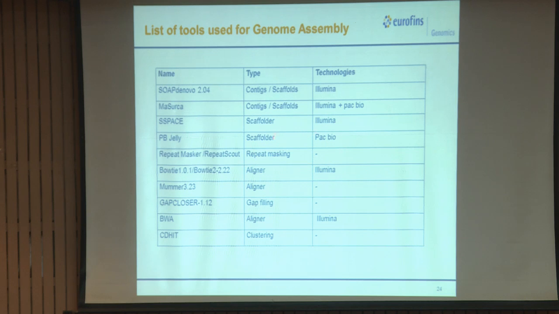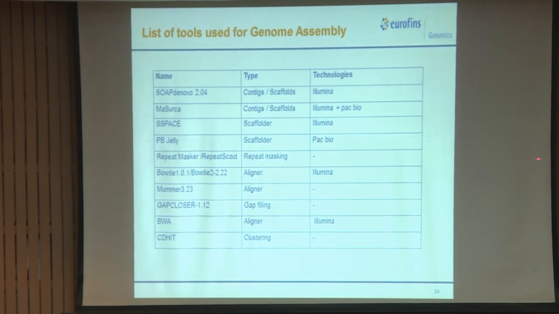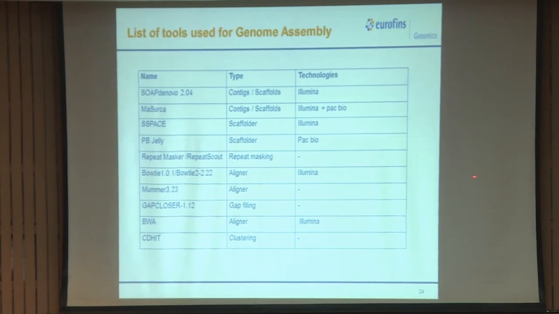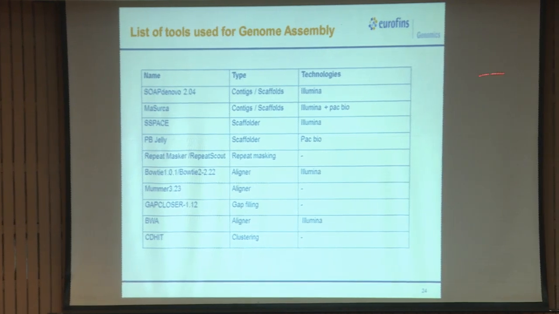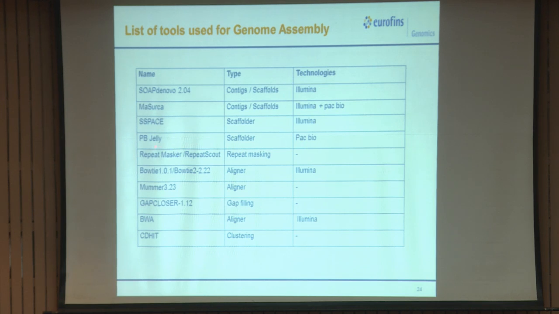For example, once I have done my scaffolding and everything, and I still want to do super scaffolding, then with PacBio data, I can use PBJelly, which does scaffolding for only PacBio data. So, if I have lots of Ns and I am not able to resolve them with Illumina itself or PacBio with some tool, I can jump to another tool and try it out, because each tool has its own chemistry, its own algorithms, how they run, right.